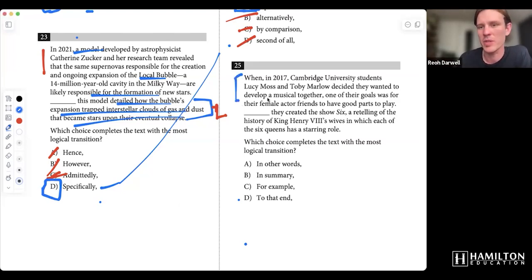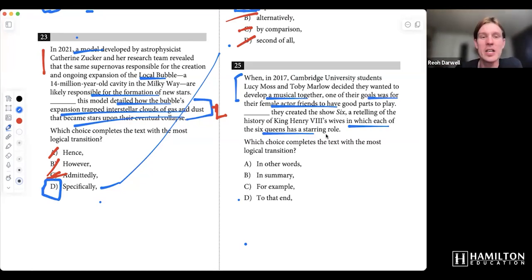They decided to develop a musical together with female actor friends to have good parts, right? As such, as a consequence of this cause, the effect is they make sure that they did a play with 6 queens with the starring role, meaning there's 6 really good roles for women. Okay, so cause and effect.